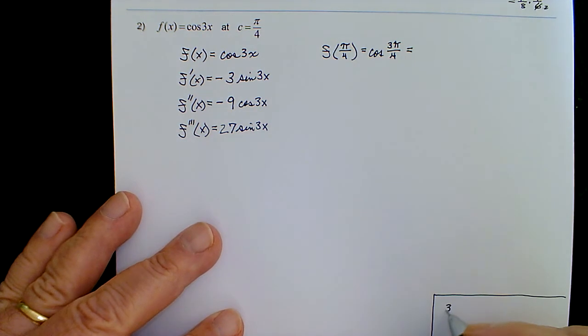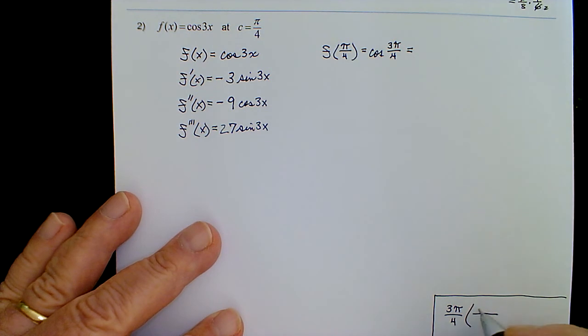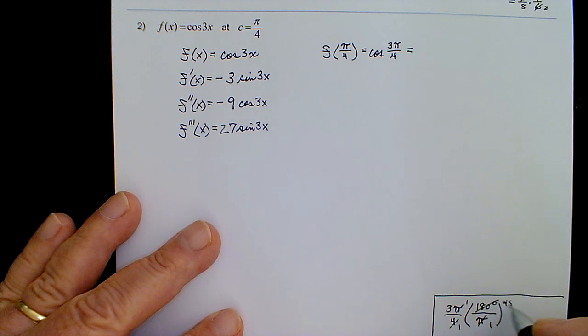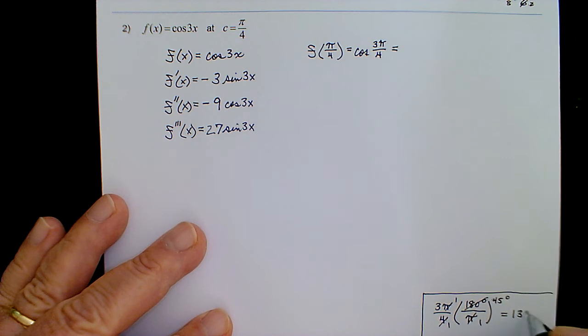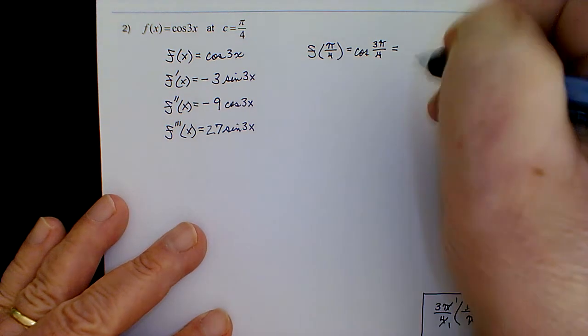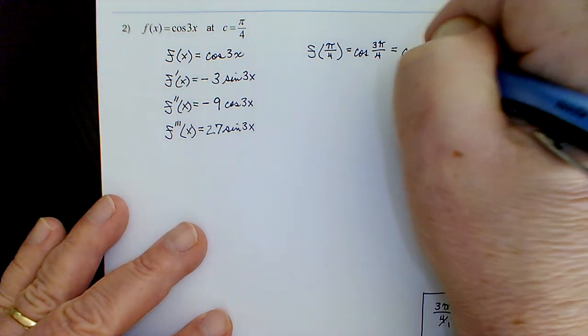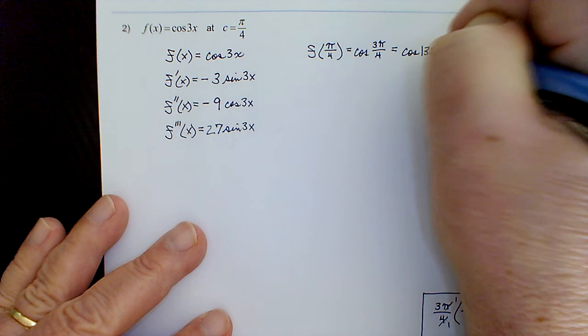You want to convert 3 pi over 4 to degrees by multiplying by the unit conversion factor of 180 over pi, and then the pi's cancel, and 4 goes into 180 45 times, so 45 degrees, and then 3 times 45 is 135. Okay, so that's the same as the cosine of 135 degrees.